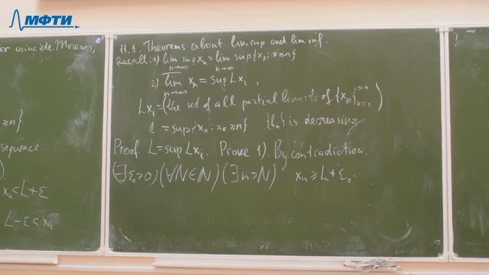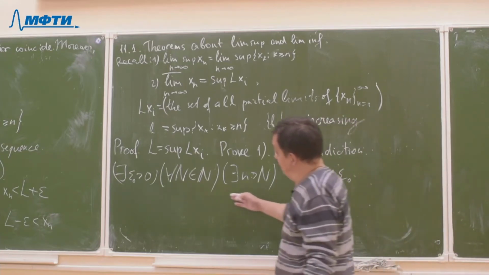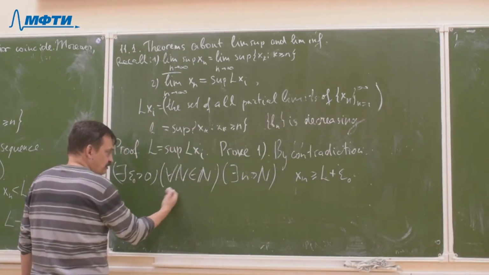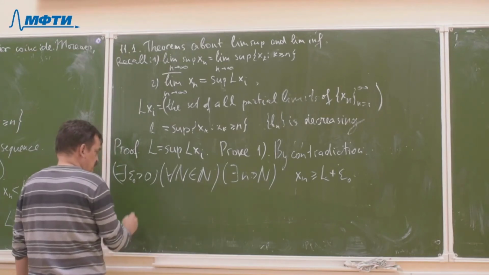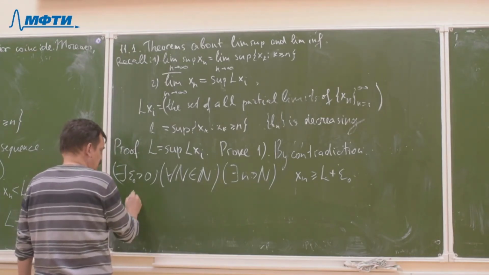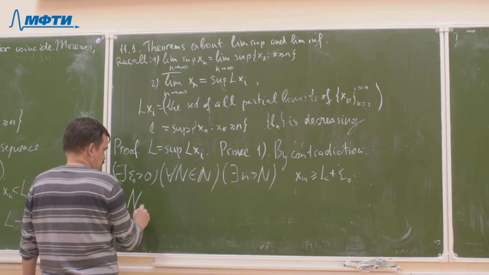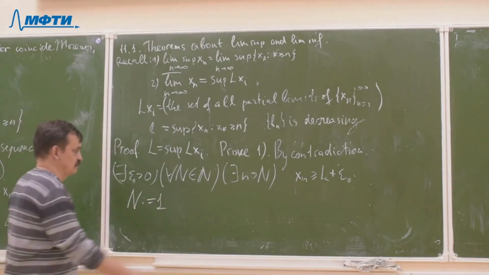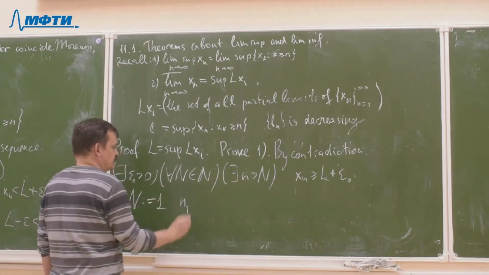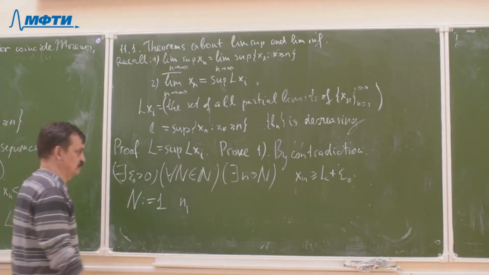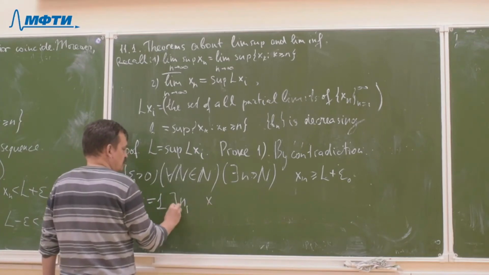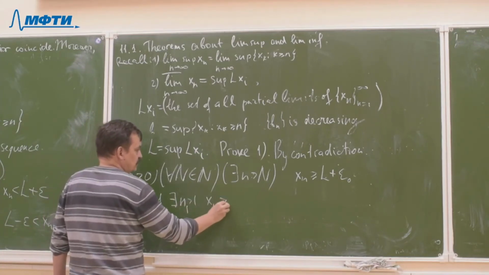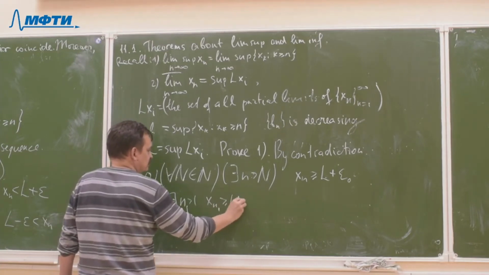Now look, again, here it is written arbitrary capital N, so I can use, let's say, N equals 1. Then what exists I'll call n1, such that x_n1 is greater or equal than L plus epsilon naught.